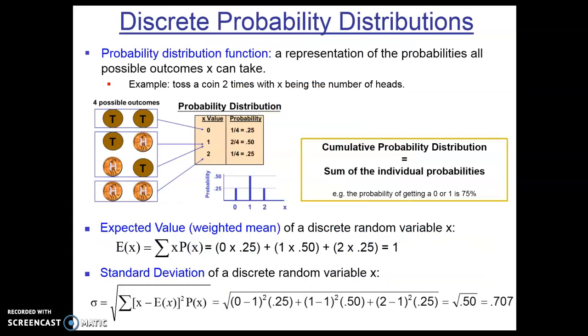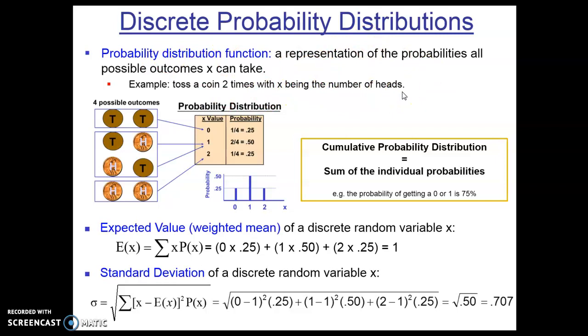The next step is to create a discrete probability distribution. So again, if we're dealing with discrete random variables, then we next create the probability distribution to understand the likelihood of certain discrete events occurring. Let's use the toss of a coin 2 times to do this analysis. And let's say that our random variable is going to be the number of heads that come up.